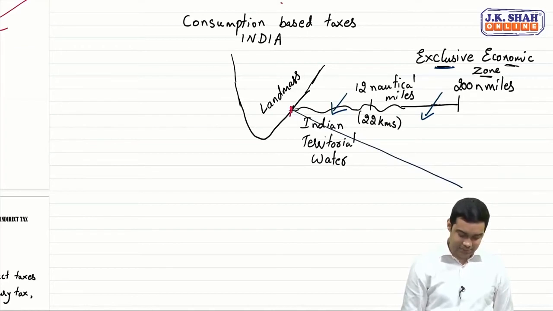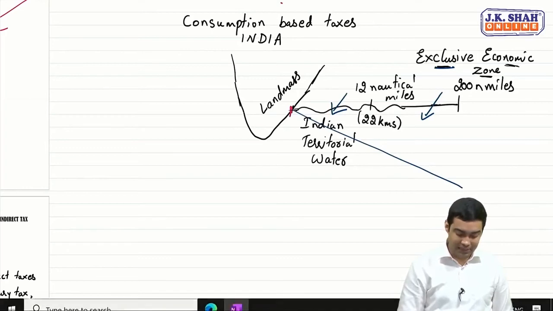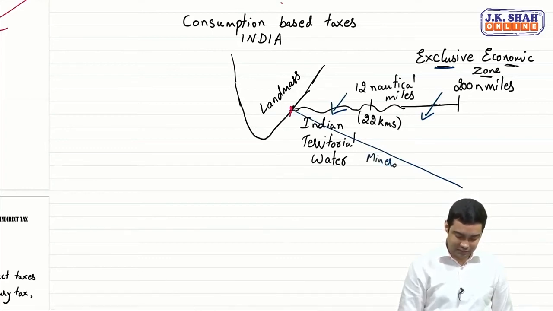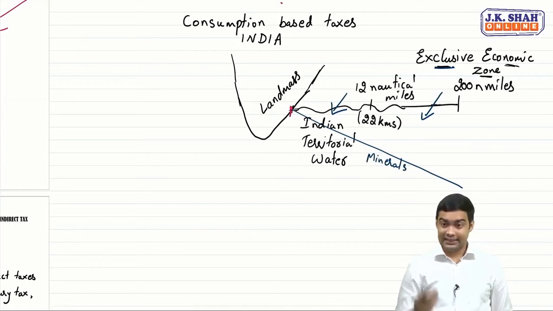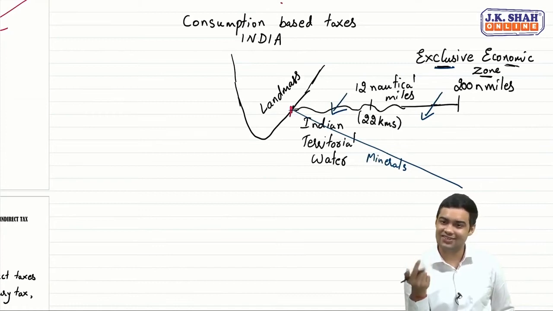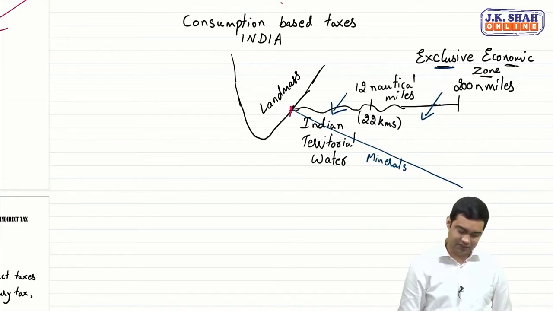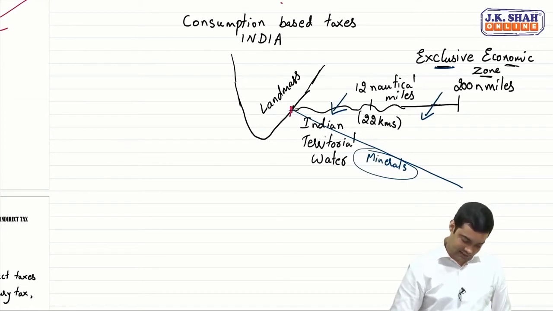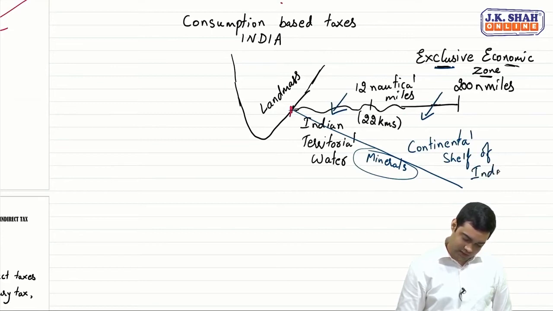Now, beneath the waters, you have the seabed, where all minerals are there. Extraction of minerals takes place. Two major players are Reliance Industries and ONGC. All minerals are extracted from this seabed. This area is known as the continental shelf of India, which again is up to 200 nautical miles.